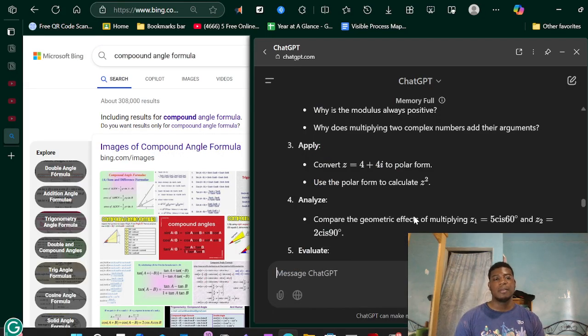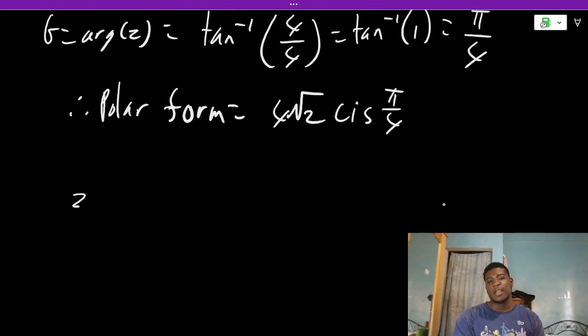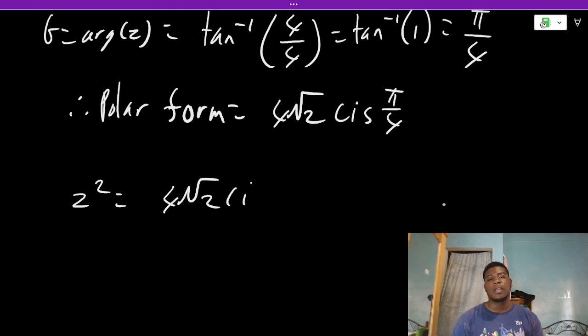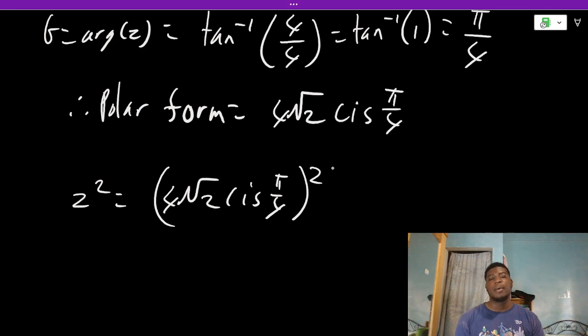Now use the polar form to find z squared. Well, z is equal to this, right? So z squared equals 4 root 2 CIS pi on 4, squared. I don't know exactly what they mean by calculate, but I guess I want a number.